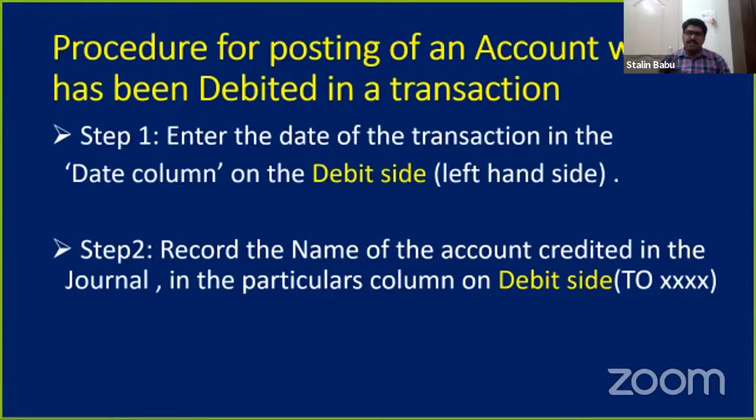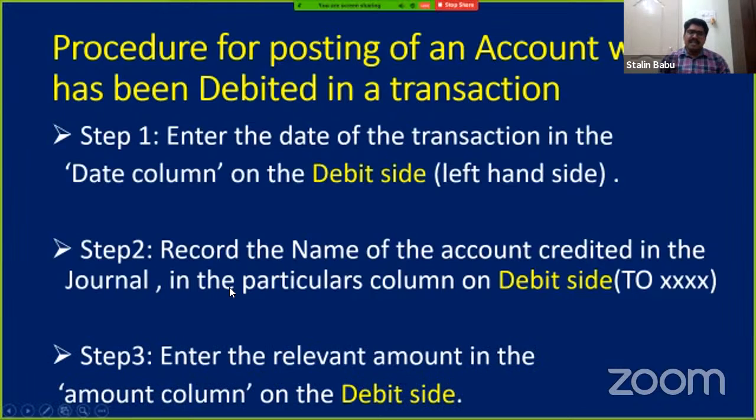As a student, you need not write anything in the JF column. What is the fourth column? The amount column. In step 3, enter the relevant amount in the amount column on the debit side. We are talking about the account which has been debited in the journal entry.